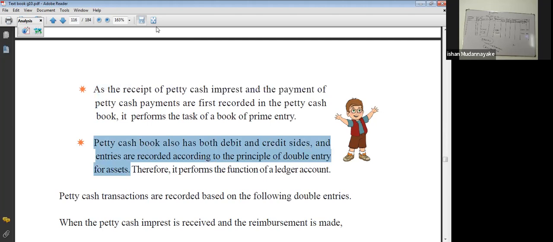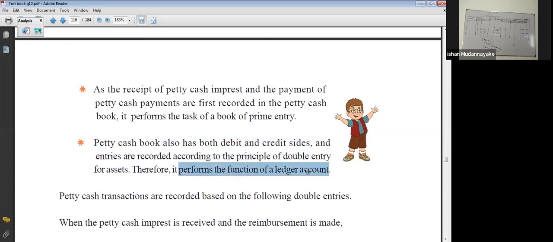Second para: the petty cash book also has both debit and credit sides, and its entries are recorded according to the principle of double entry. Therefore, it performs the function of a ledger account. We can debit and we can credit.